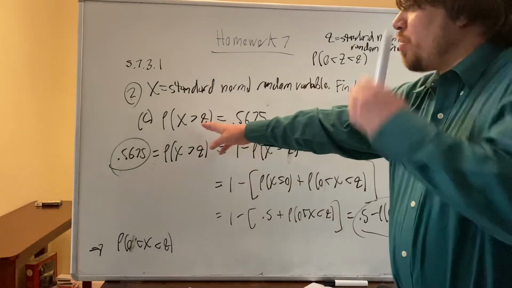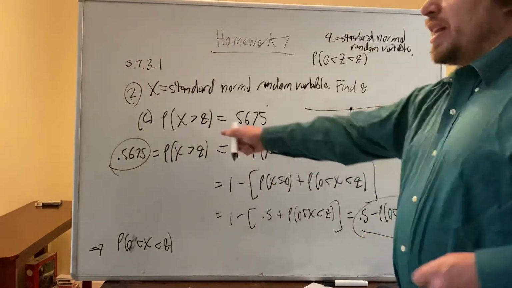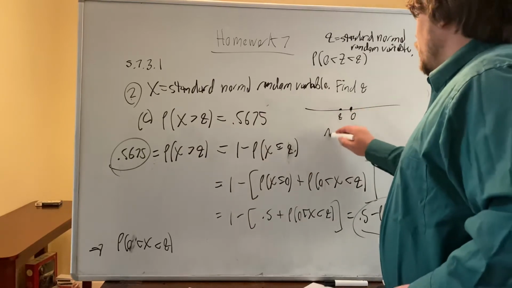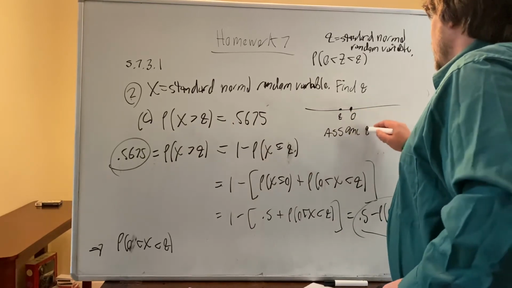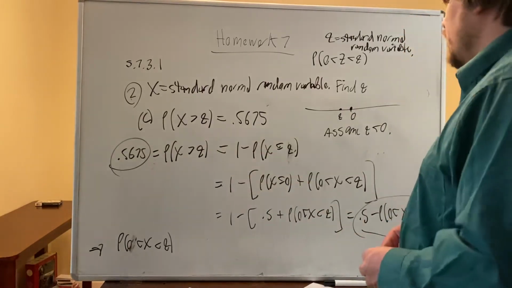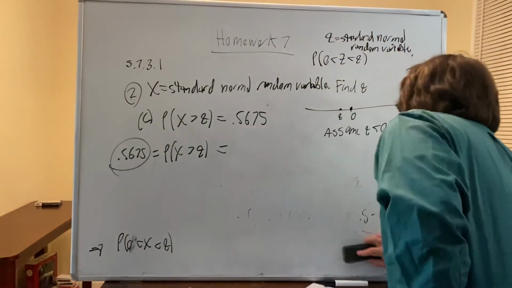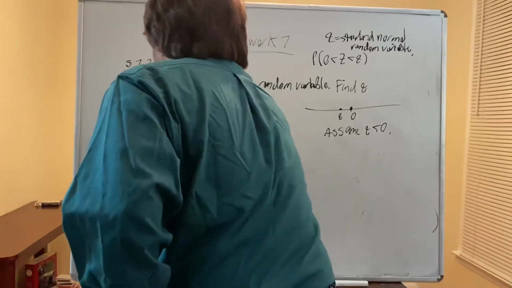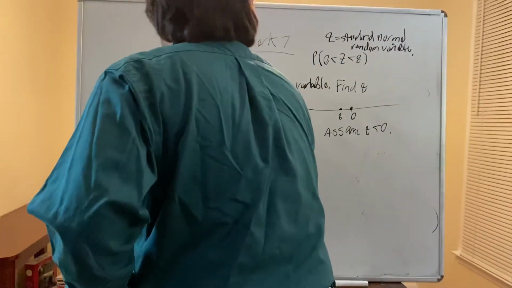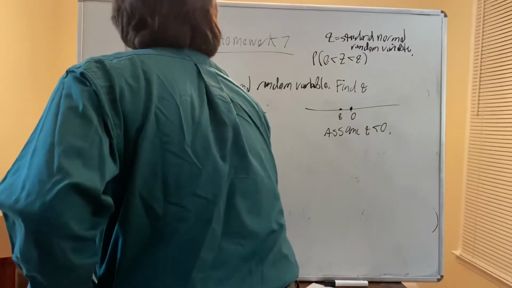Oh, okay, wait, so the probability that x is greater than z is 0.5675. So here's 0. And so if x is greater than z, z has to be negative. So here, assume z is negative. So the probability that x is greater than z is equal to 0.5675.